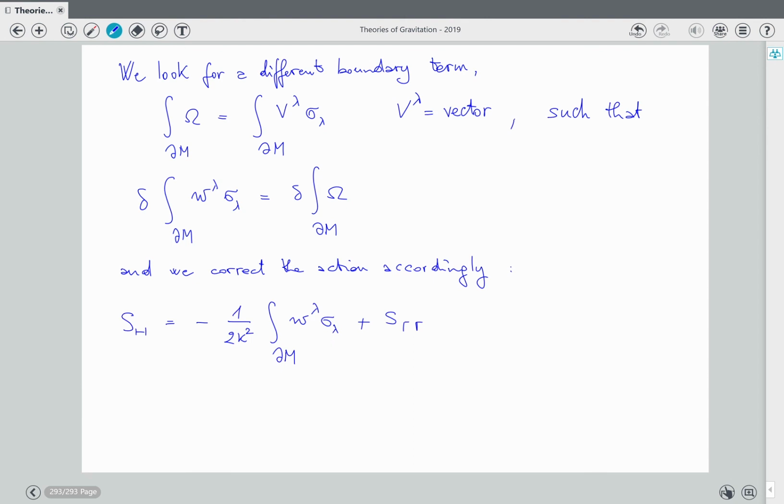And S gamma gamma is equal to SH plus 1 divided by 2k squared partial m w lambda sigma lambda.